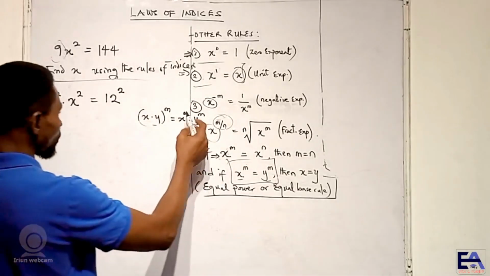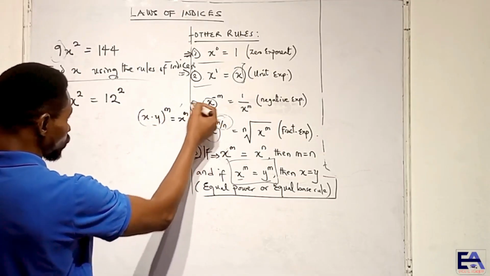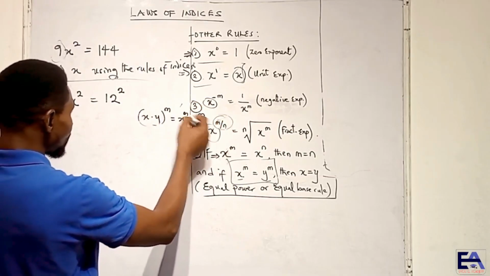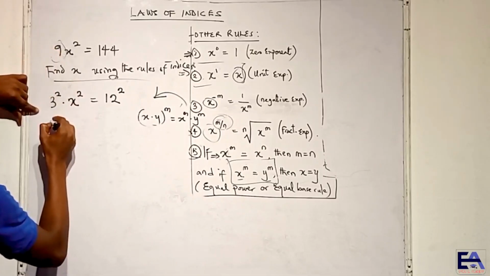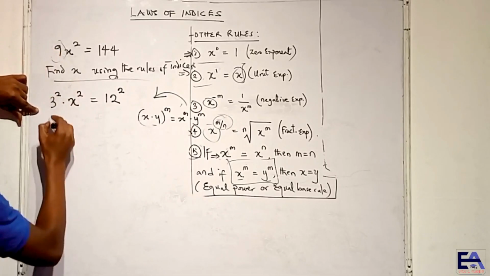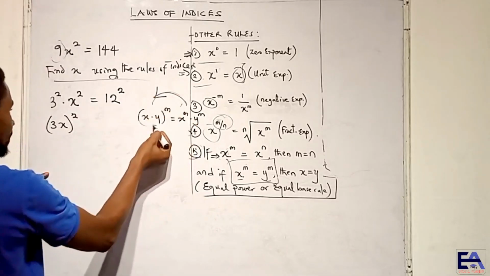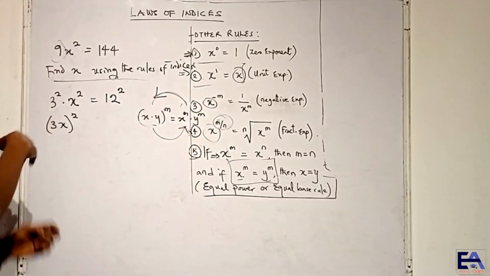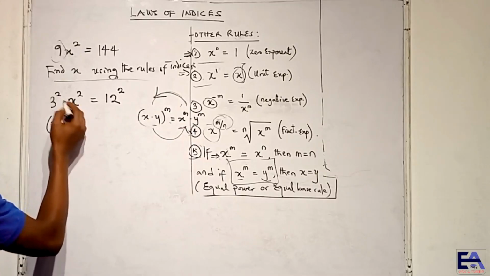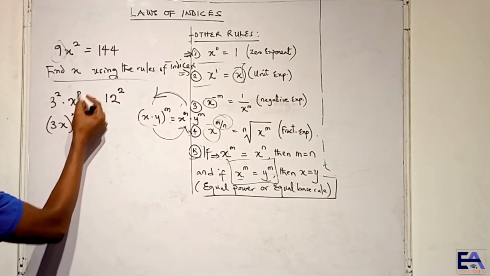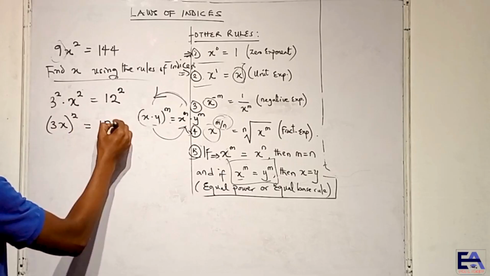Instead of (x times y) all raised power m being x raised power m times y raised power m, I'm doing the reverse, so that 3 raised power 2 multiplied by x raised power 2 will be (3 times x) all raised power 2. I reversed it. Since they are equal, it's the same thing. So instead of 3 raised power 2 times x raised power 2, we have (3x) all raised power 2, which is equal to 12 raised power 2.